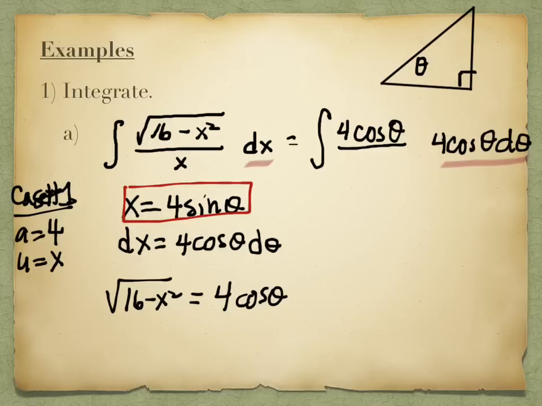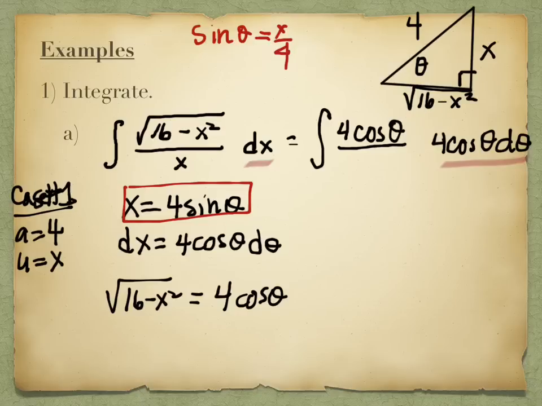So sine of theta is x over 4. So from theta, sine value is opposite over hypotenuse, so there's x over 4, and of course we've already established that this square root on the bottom is the 16 minus x squared.